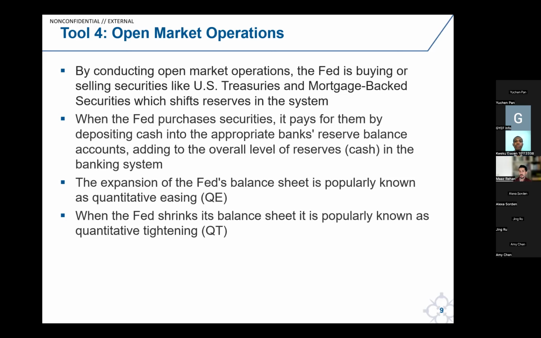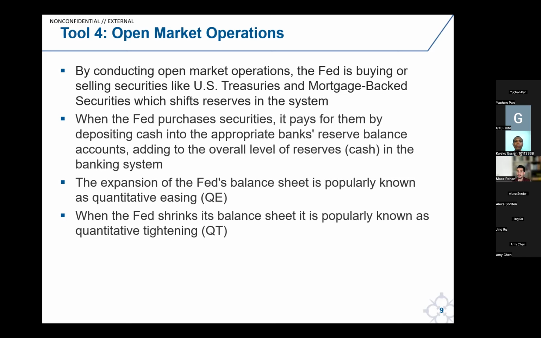So the expansion of the Fed's balance sheet is known as quantitative easing, which you may have heard of as QE. And when QE ended, the Fed reinvested any of the maturing securities that it held to maintain the size of the balance sheet.